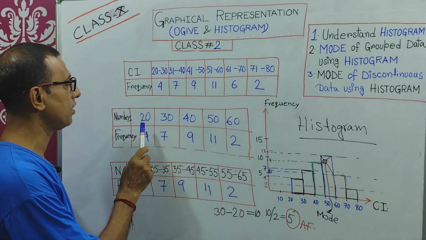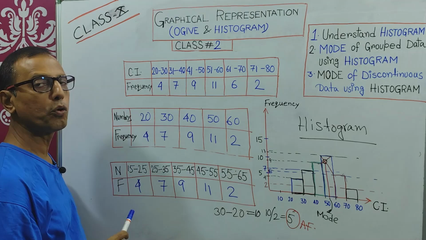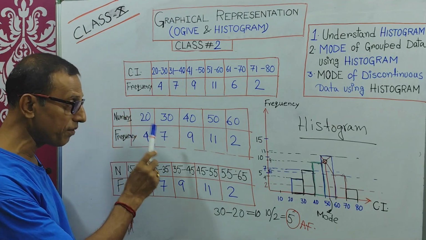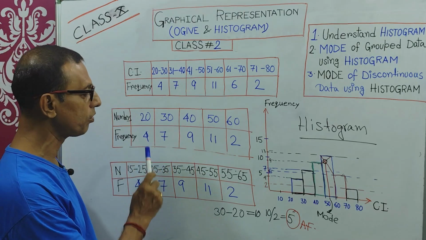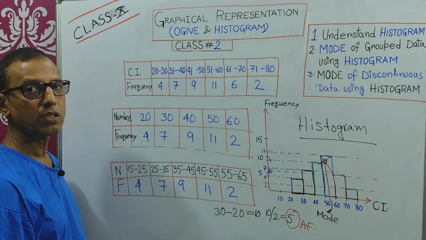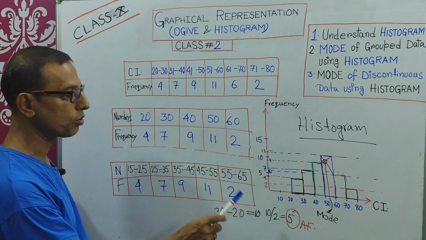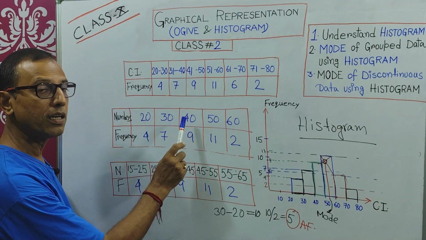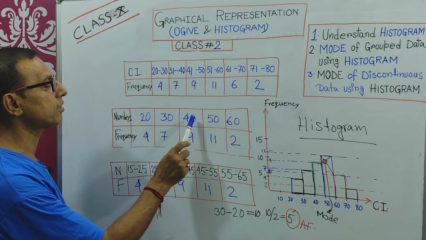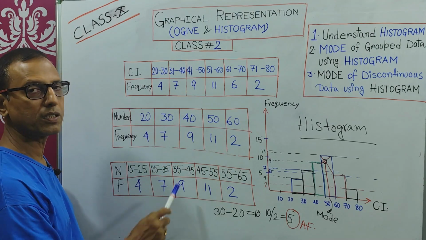Similarly, even if you have a discrete data set like this, where there is no group data, only if you are asked to find the mode using a histogram will you apply this. Otherwise, you can straight away look at it and find the mode. Mode is 50. But if you are asked to find it using a histogram, then you need to convert that data into a continuous data set. How will you do it? You find the difference. If all the differences are the same, you divide that difference by 2.